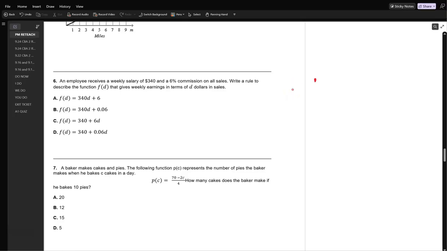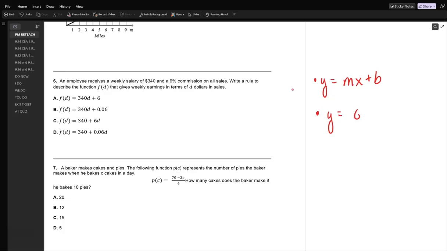Okay, once again, that specialized knowledge is slope-intercept form, y equals mx plus b. So in general we have this. We see that the 6% is going to be our slope and the 340 is our y-intercept.